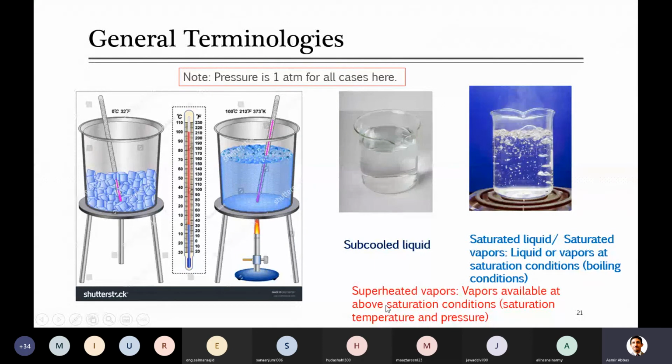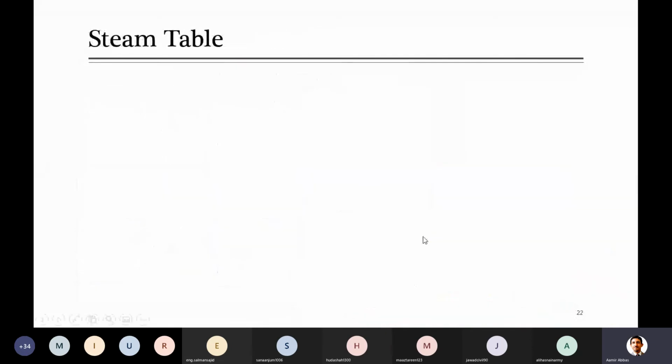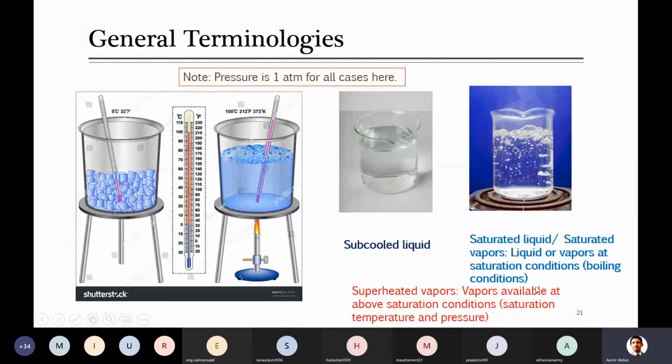And then there is superheated vapor, which is vapor available above saturation condition. Based on this, we divide steam into two major types: saturated steam and superheated steam. If I say saturated or superheated vapor, I can use it for any component.